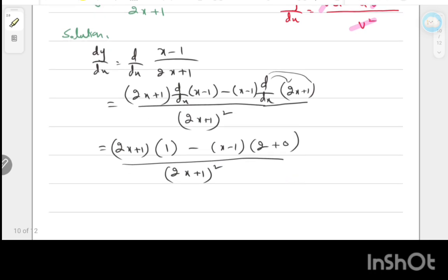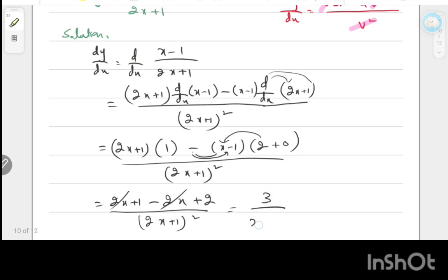Now we move forward: here is minus 2 times (x - 1), these two multiply, and this minus with that minus will be plus 2. So we got (2x + 1) whole squared. These two cancel. 1 plus 2 will be 3 over (2x + 1) whole squared.